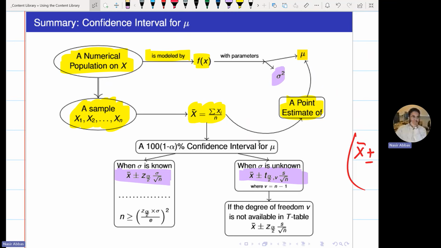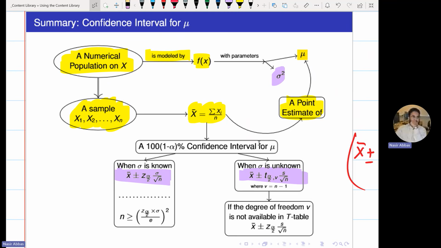And one extra thing that you did in the previous class was the estimation of sample size when the margin of error was fixed at some point E. This is only for the left side case when sigma is known. This estimation of sample size is not in your syllabus when sigma is unknown, so you will not see it here. The estimation of sample size will only be covered on the known variance side.